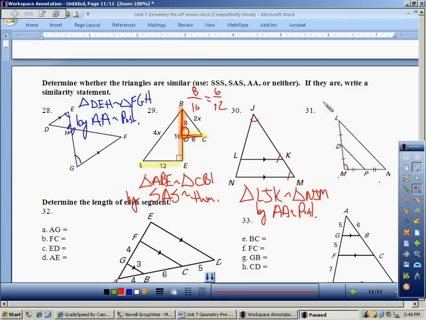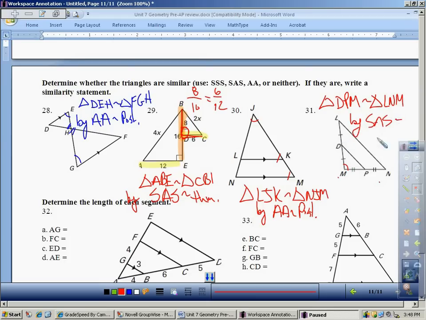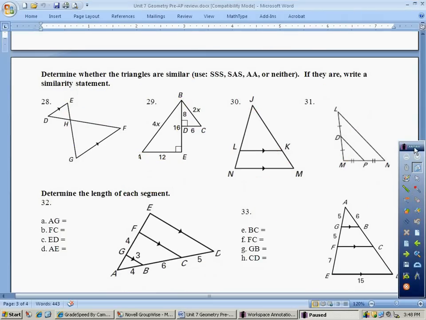So I know that these two triangles are similar. So we'll say DPM is similar, not congruent, DPM to LNM by side-angle-side similarity theorem. THM to abbreviate theorem.